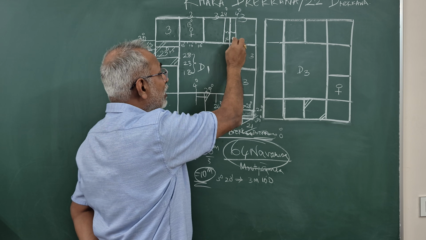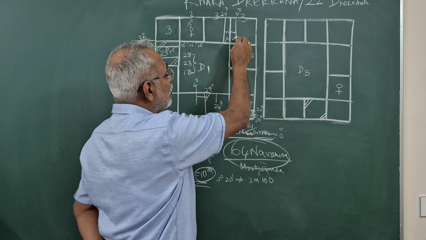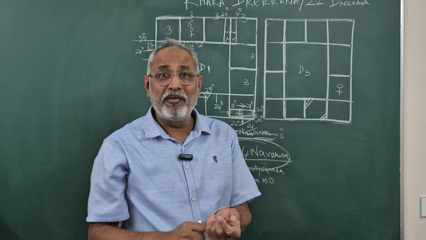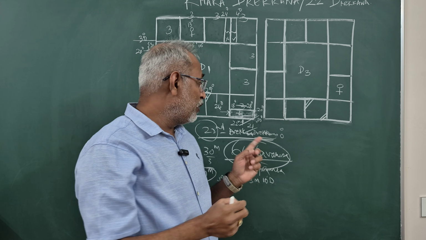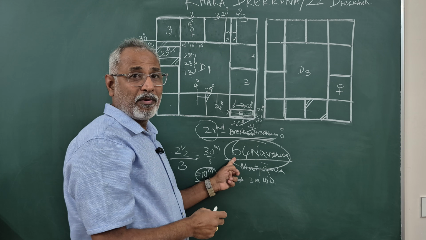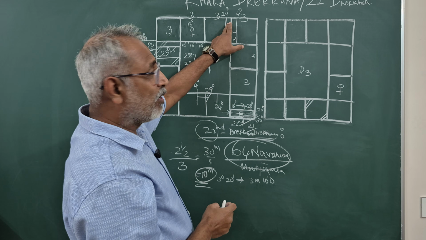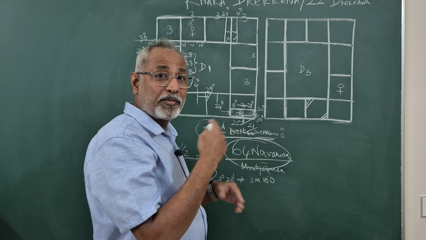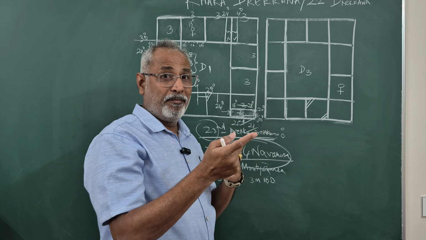Then we need to take Mercury, which is the lord of Gemini, as the effective planet representing both the 22nd Drakana and the 64th Navamsha. Not only Venus. Venus is only representing the 22nd Drakana, not the 64th Navamsha. So you need to go to that level.